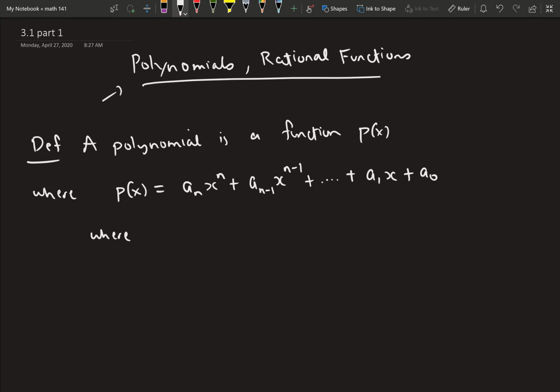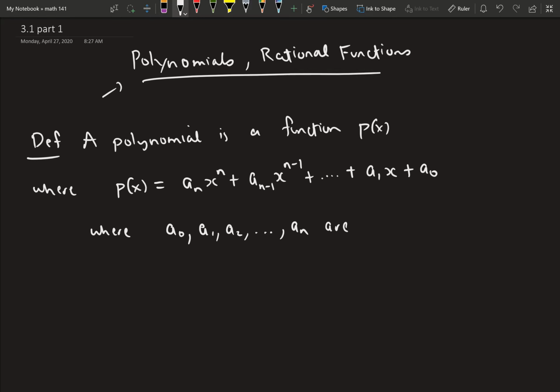We have some notational things going on here. So a sub 0, a sub 1, a sub 2, all the way up to a sub n are real numbers, and a sub n is not 0.